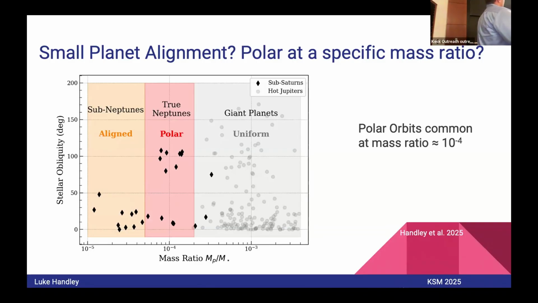However, if you focus on the area near the mass ratio of 10 to the -4, we see the obliquities start to bifurcate, and in fact, most of the obliquities are actually polar in this mass ratio regime. But something that's even further puzzling is that if we go in further and we observe smaller and smaller planets, it seems like everything starts to shift back down into alignment. And so we can't statistically say for sure whether this is a robust detection, but it's certainly puzzling from a theoretical standpoint.